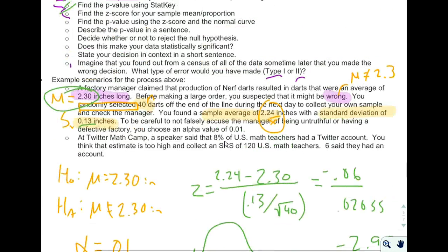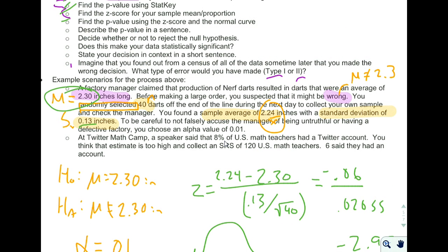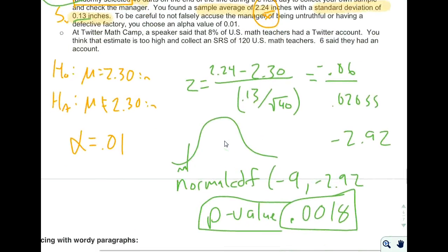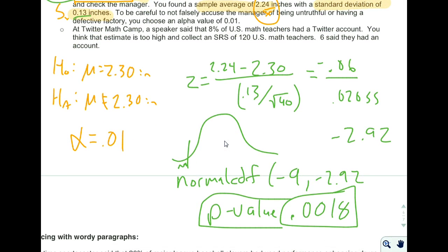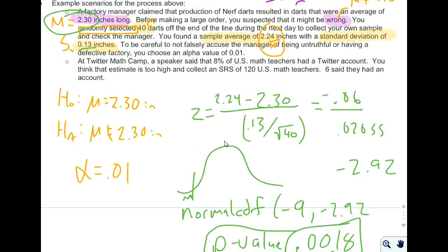Now, continuing on, once I have that p-value, it says describe it in a sentence. If I were to turn this into a decimal, or a percentage, there is a 0.18% chance that I would find a sample average as extreme as 2.24, because it's not equal, when we assume that the population mean equals 2.3 inches.